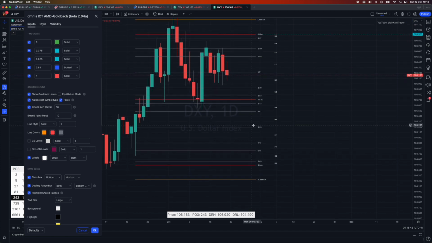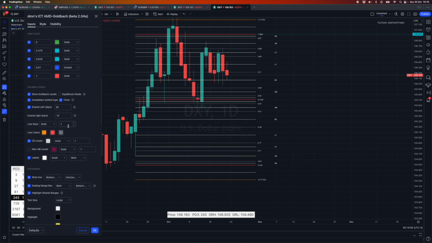Consequent encroachment is the 50% of a range. So if you think about it, if you have an order block that should form here, that would be a true order block because it's in the order block range. The consequent encroachment would not necessarily be 50% of the candle, but 50% of the range. So you can use this and turn on these consequent encroachment levels.